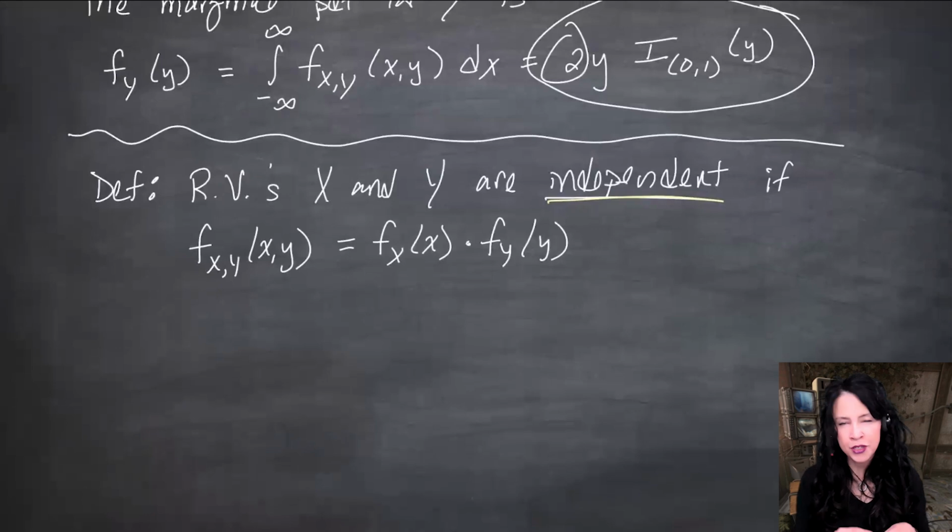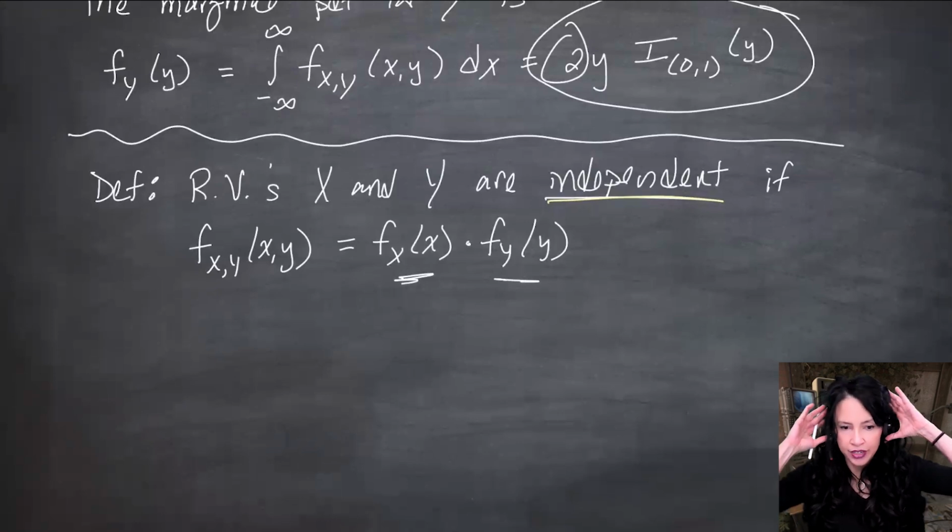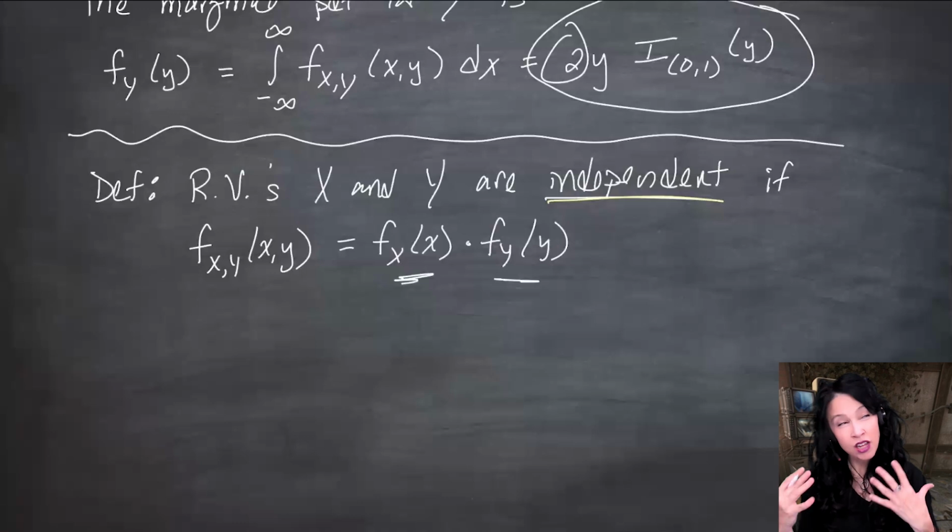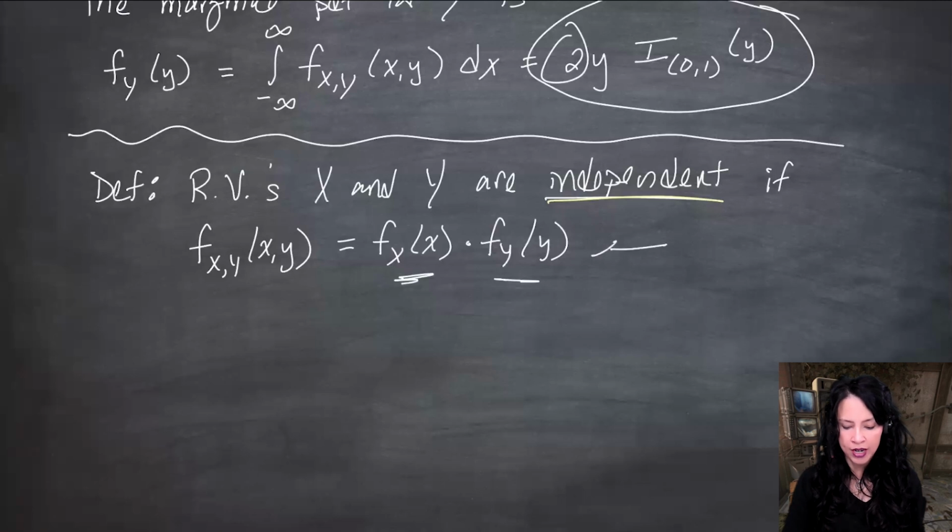And so while these are independent, I have a big question for you, and that is, did we really need to compute these marginal PDFs in order to establish independence here, if that was the question? If I'd given you this joint PDF and said, show that x and y are independent, you could find the two marginal PDFs and say, oh, look, the product is the original joint PDF, so I'm done.